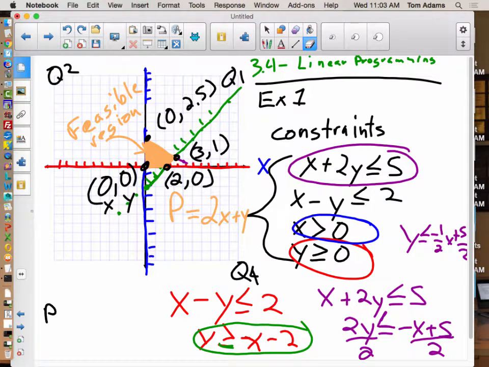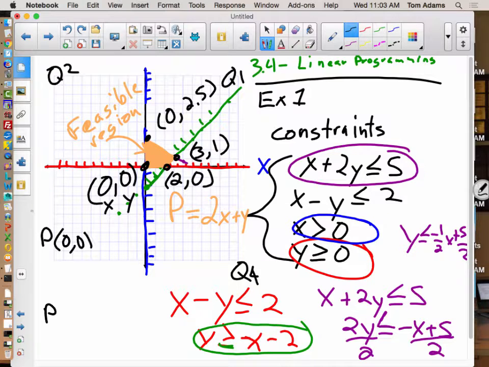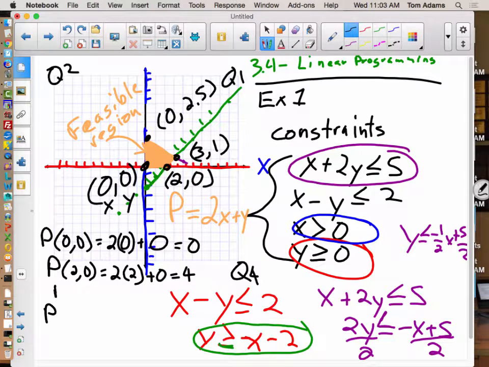Well, let me just write it out. If I wanted to be a little more formal, I could say p of 0, comma 0 is equal to 2 times 0 plus 0, which is just 0. And then I would do the next one, p of 2, comma 0, which would just be 2 times 2 plus 0, which is 4. Then the next one, p of 3, comma 1, which would be 2 times 3 plus 1, which would be 7, right?